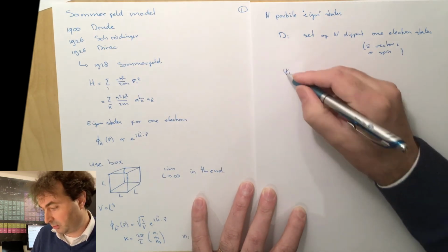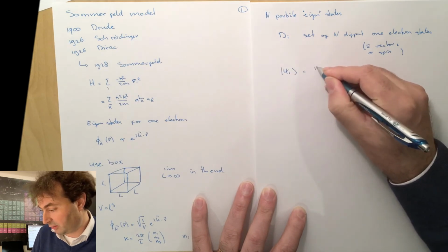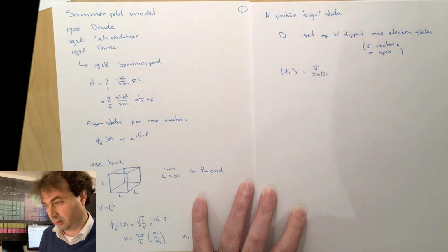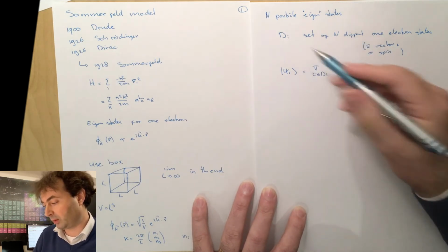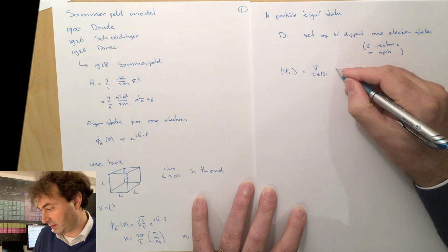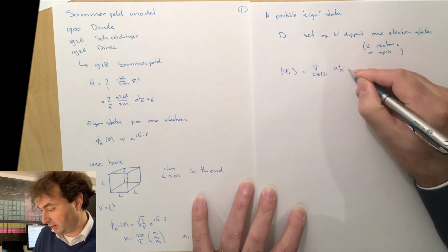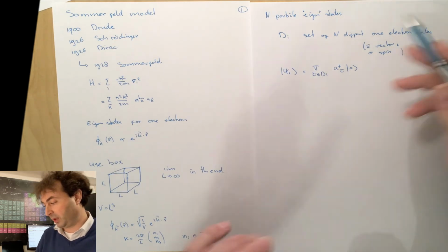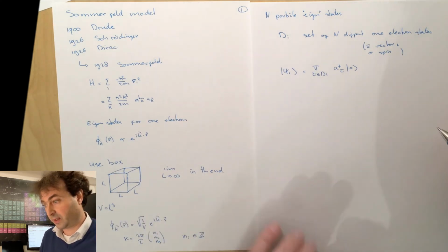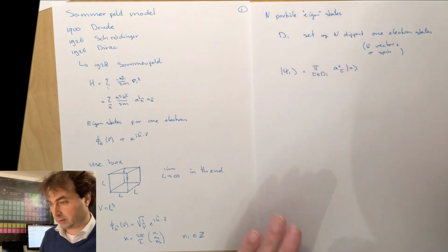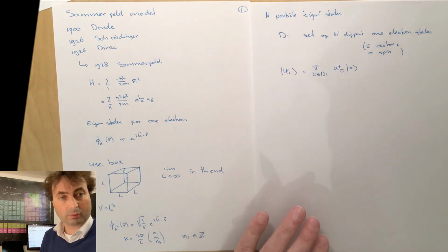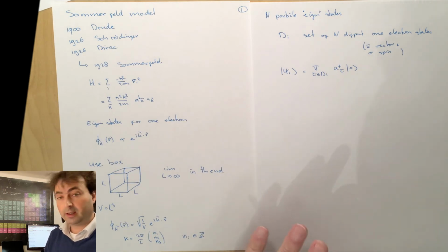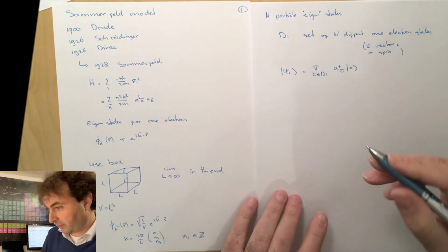And then my many electron state is given by the creation of all the one-particle states that belong to the set D_i, a dagger, acting on the vacuum tau 0. And then depending on what i is, you can pick different combinations of states. And that then gives you your many electron basis. And as discussed before, the number of many electron states that you can generate in this way is enormous.